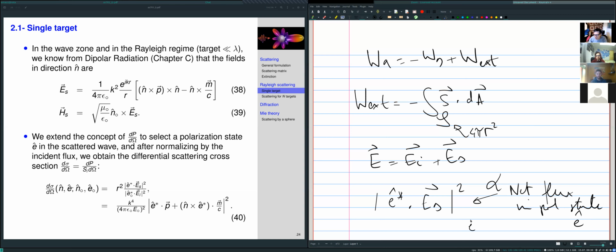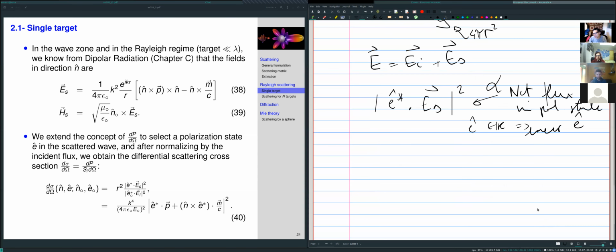If E is all real, it's linear, and if it's complex, it's elliptical or circular. It's circular when the two components have the same modulus.